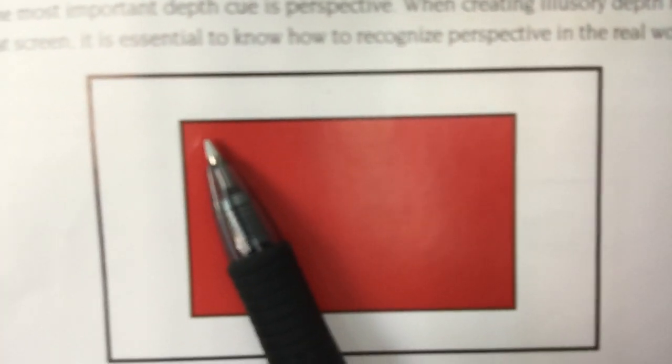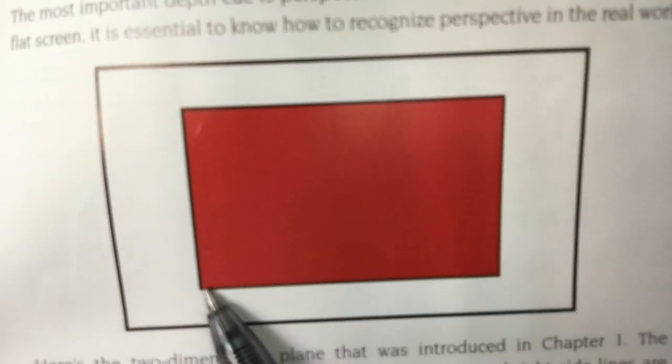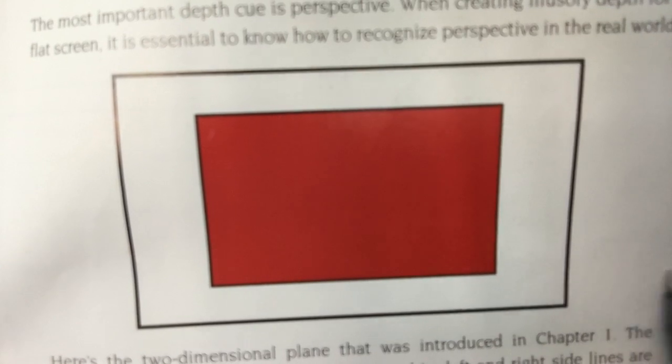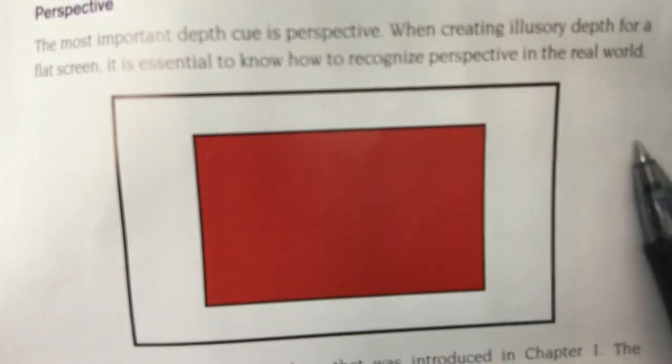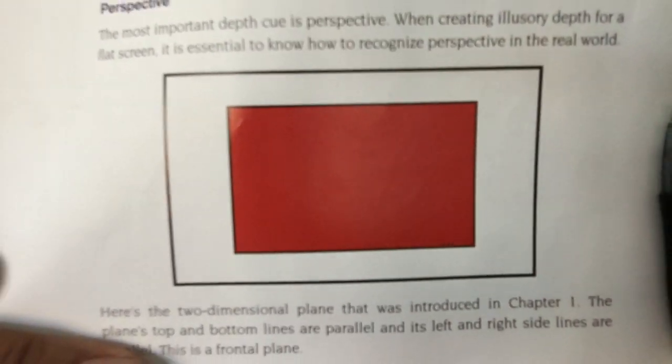Okay? The plane's top lines and the bottom lines are all parallel. These lines here, the top, and the lines on the bottom, if they continued on and on and on, they would never touch. They're parallel. That's flat.